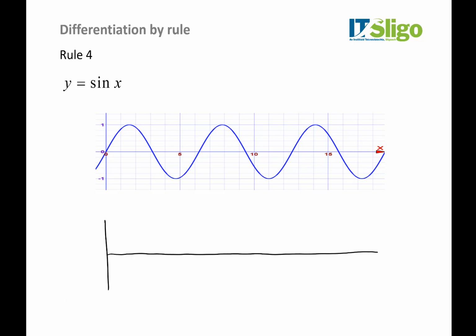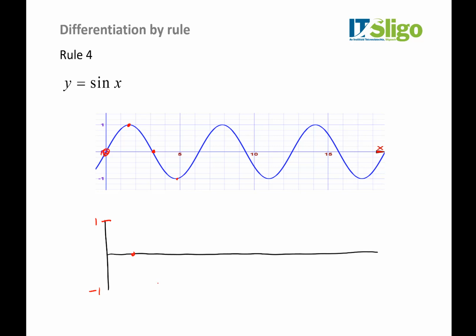Now here, when x is 0, that's a 45-degree line passing through, so the slope is actually 1. Here, at 90 degrees, the slope is 0. Here, the slope is 0 again. Sorry, I should go to here first.